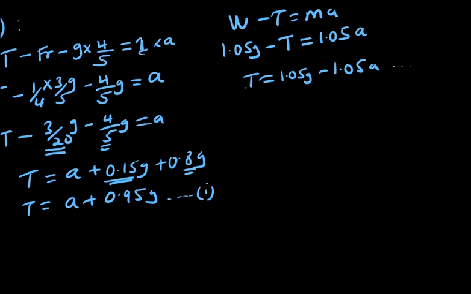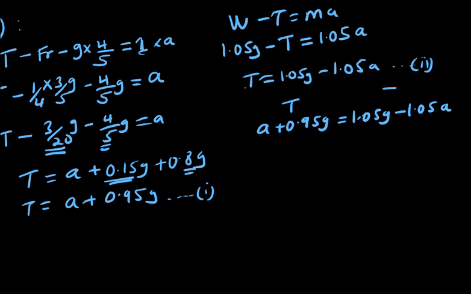Right, now let's have a plus 0.95 g the same as 1.05 g minus 1.05 a. Tension is the same as tension, so we are just equating 1 and 2 directly, meaning that we can have 2.05 a equals 1.05 g minus 0.95 g. This gives us 2.05 a equals 0.1 g.